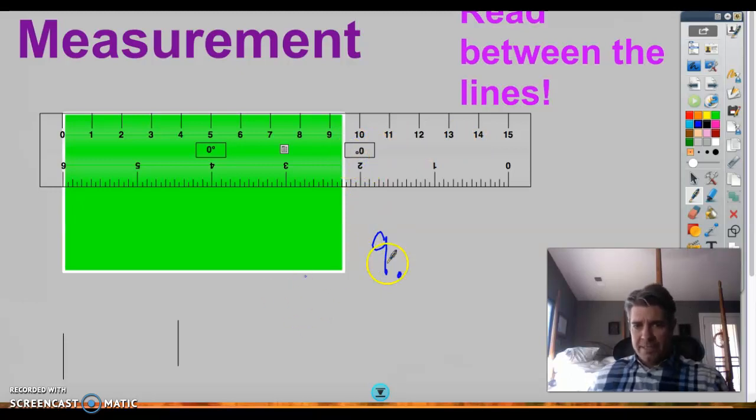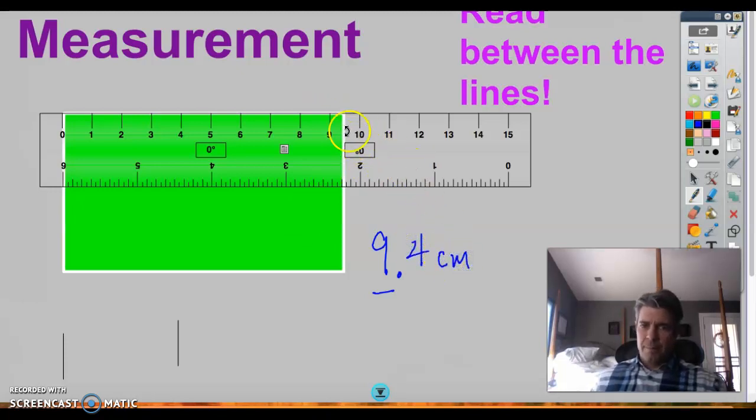So this is a certain digit. Now there's a pretty big space between 9 and 10. It's our job as good scientists to estimate between these two lines as best that we can. I'm going to eyeball this. Looks like it's a little less than half, so I'm going to say 9.4 centimeters.